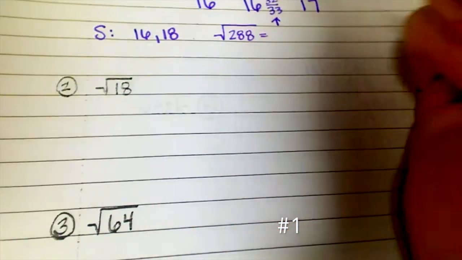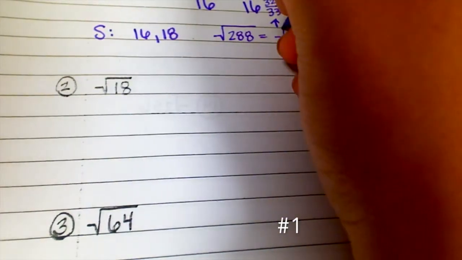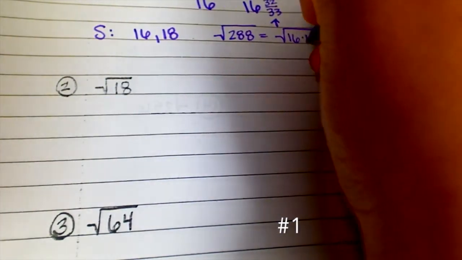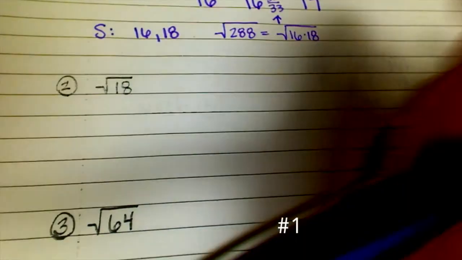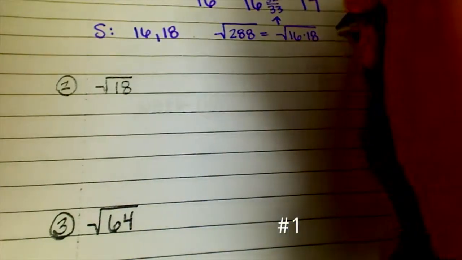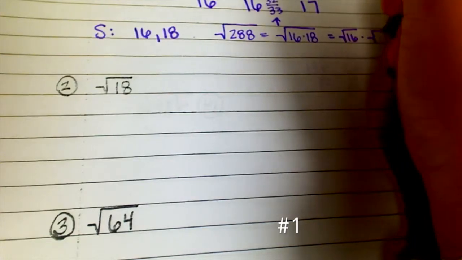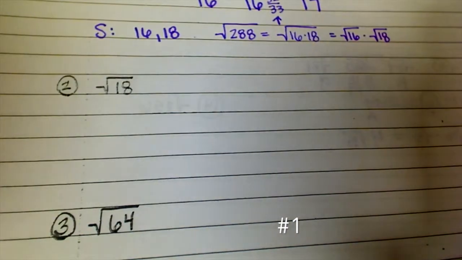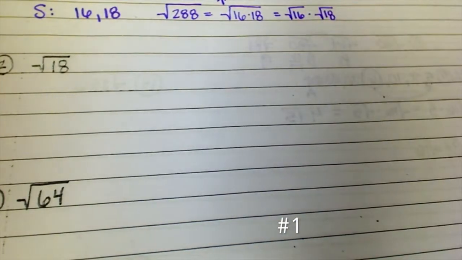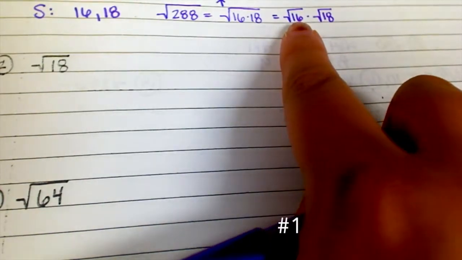We write the square root of 288 is equal to the square root of 16 times 18. Then we bust this apart and we say the square root of 16 times the square root of 18. What is the square root of 16? 4.